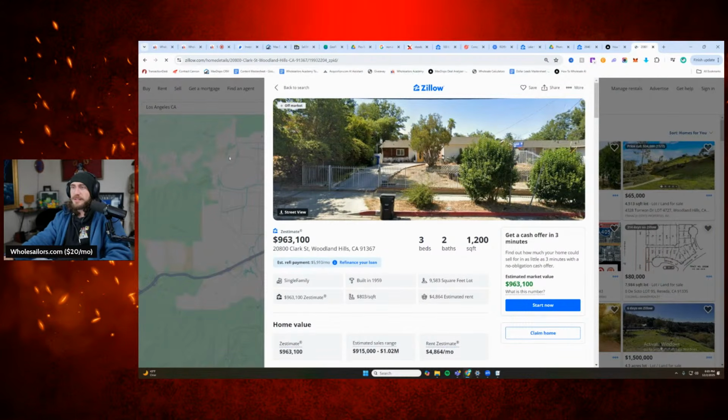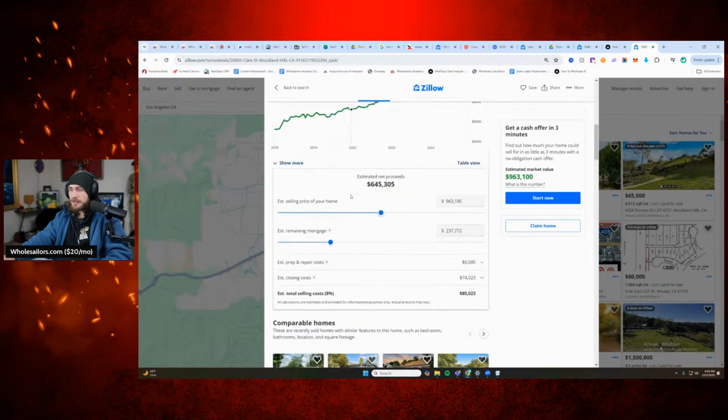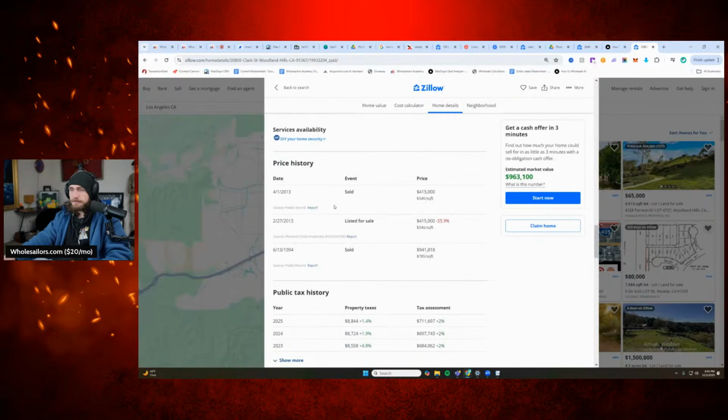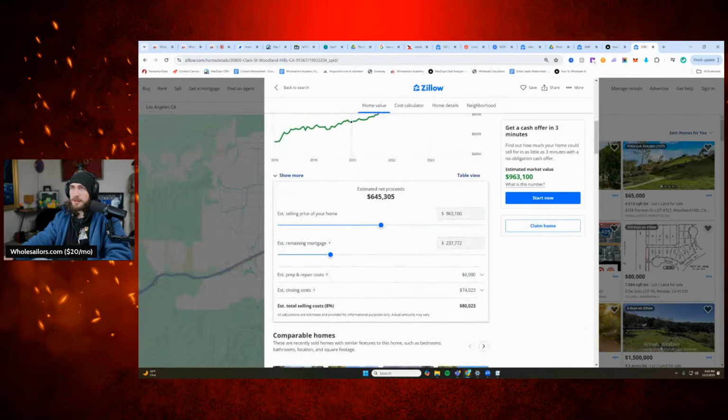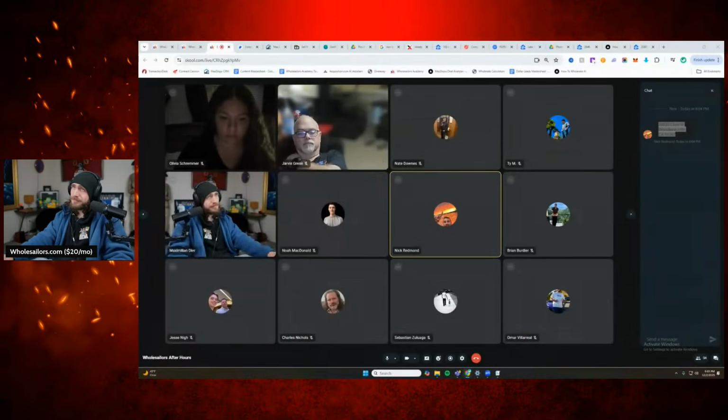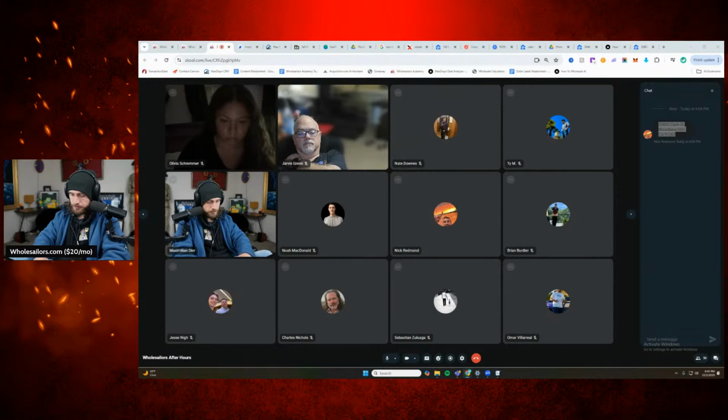So what can you get this little sexy house for? Okay.